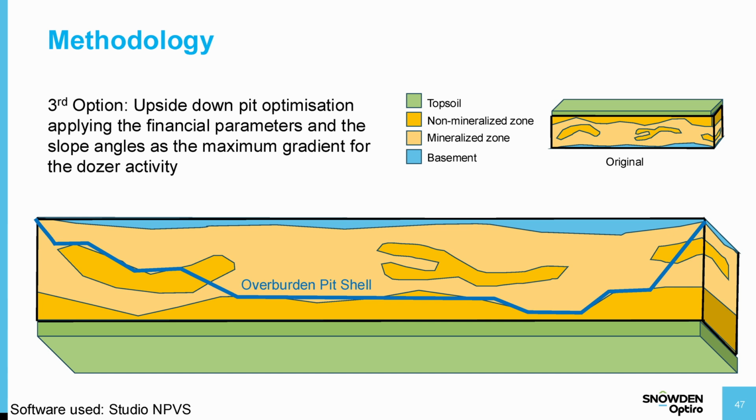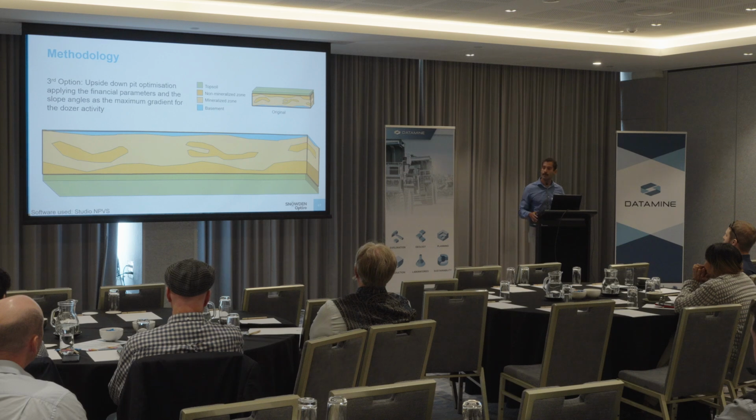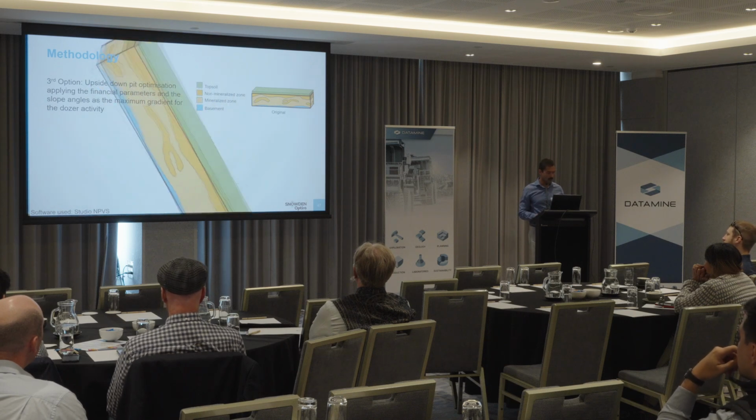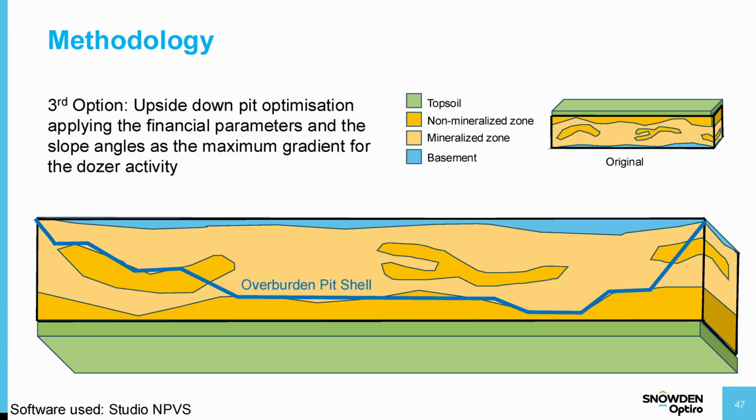Having this block model upside down, we can optimize it, and the software will take into consideration the maximal gradient as well as the grade of the ore when we create your overbody contact. So a little animation, and then this will be our overbody contact upside down. I think this could check all the boxes that are required for this proposal.